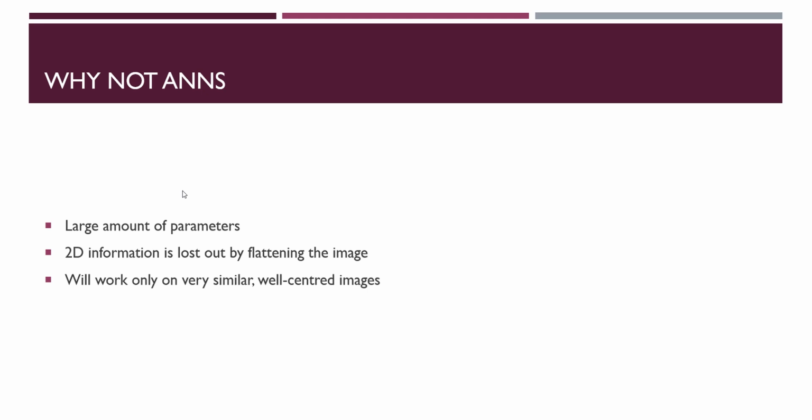So why should we not go for ANNs for image classification or image related tasks? It is because in case of ANNs, the number of parameters will increase rapidly because of the kind of representations that we have there, because everything there is flattened.